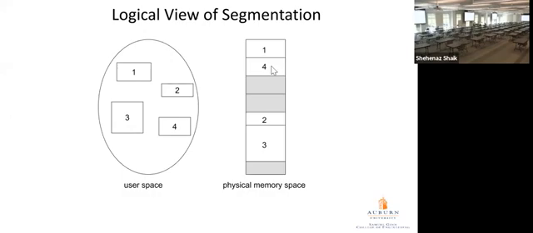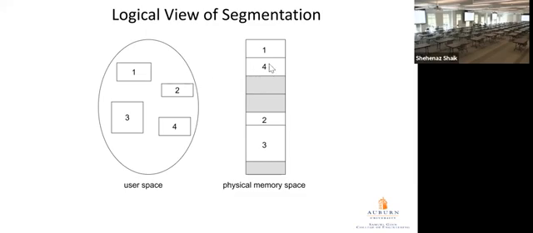Instead, we should be able to place them in different locations, as we can see here, and that may in fact give them an opportunity to grow as required during the runtime.